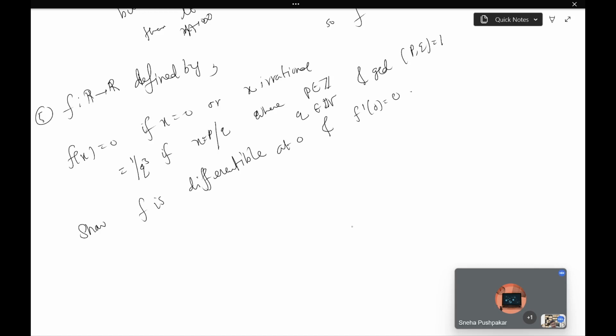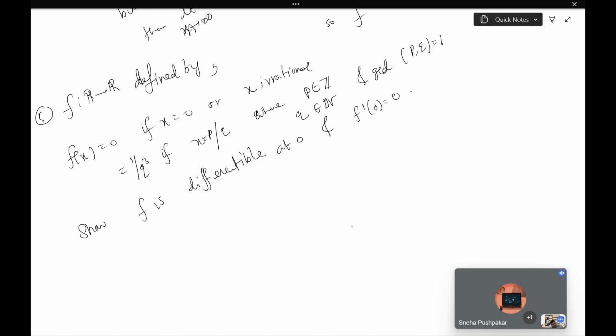Sir, I solved it like the previous problem. How? Please explain. In the question, it is given f(0) is 0.